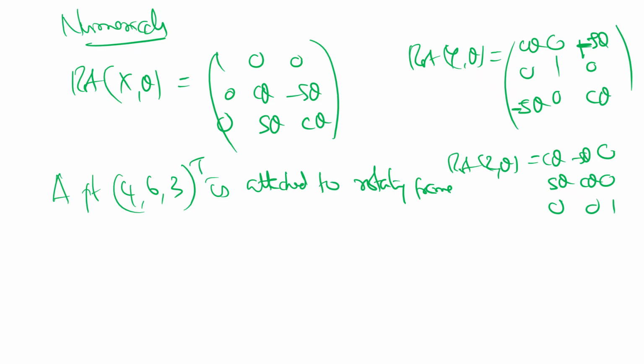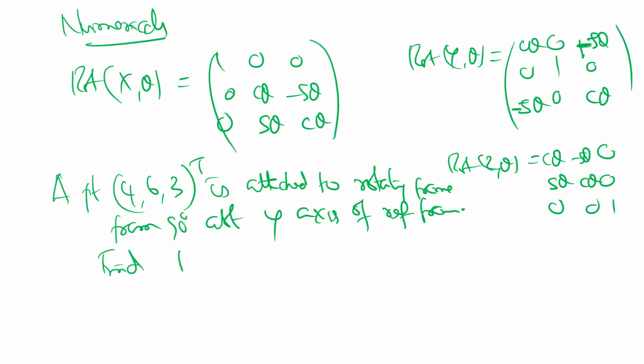The frame is rotated by 90 degrees about the axis of the reference frame. Find the point, find the vector P with respect to the reference frame.